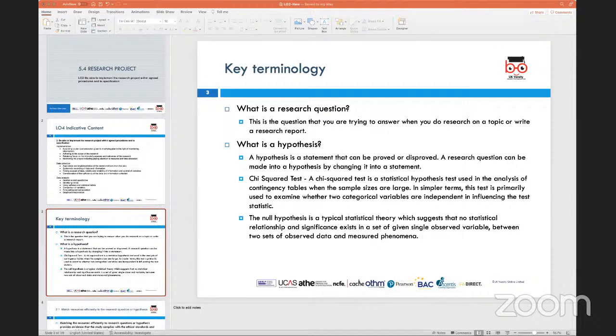So it is a popular technique, especially when you carry out research across a large sample, wherein you need to analyze the results of the data collected from the participants, and then you could use the chi-squared test to test your hypothesis.